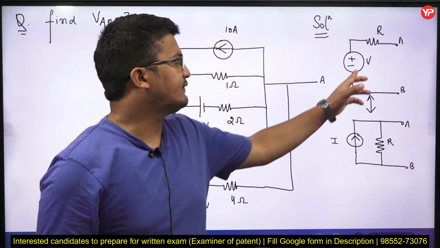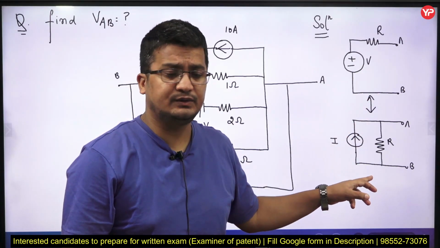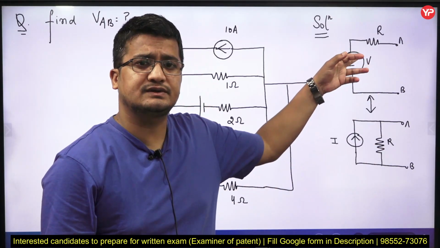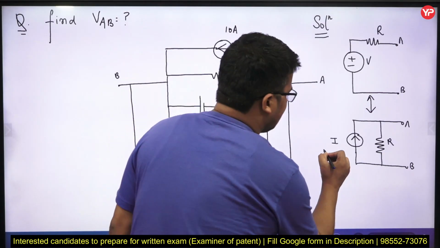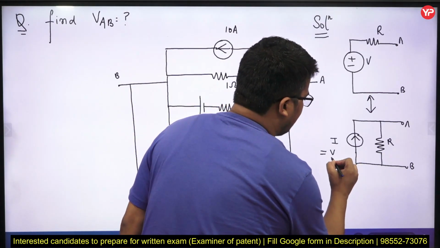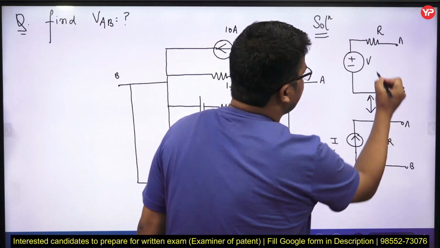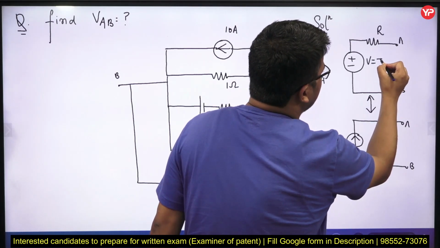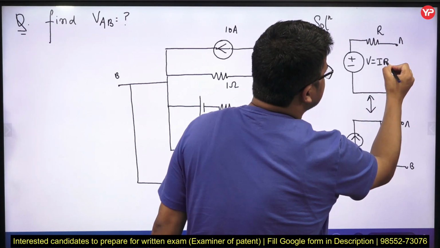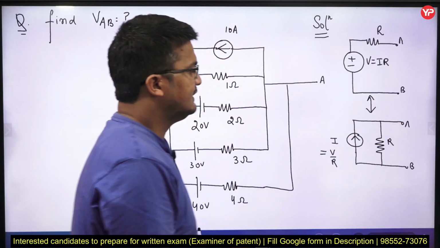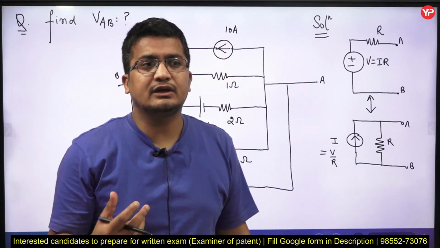You can convert from voltage source to current source, and from current source to voltage source. If you are doing the conversion, I is equal to V upon R, and V is equal to IR, and the R value stays as it is, only its position changes.